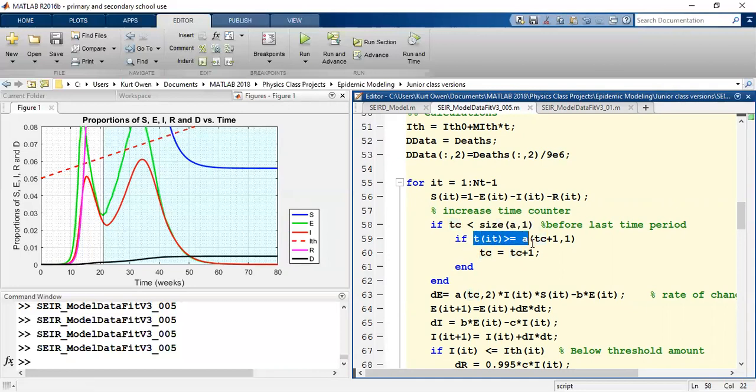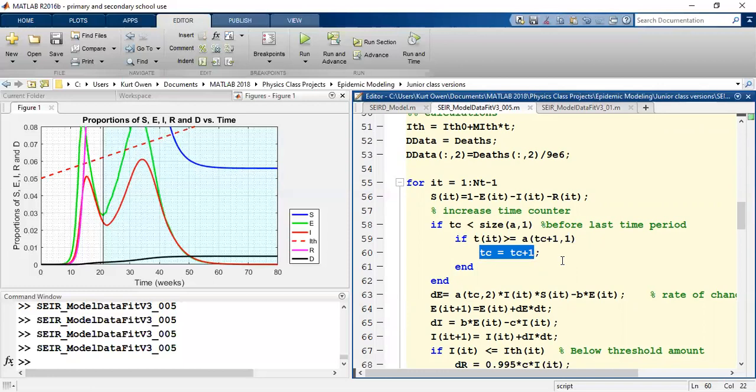This is really the critical line of code. If the time we're on is greater than what would be A, TC1, in column 1? Remember, the weeks are in column 1 of the matrix, so this is column 1 here. And TC plus 1 would be the next time value in the matrix. So if our time has reached the next time increment, we're going to step up our time counter by 1.